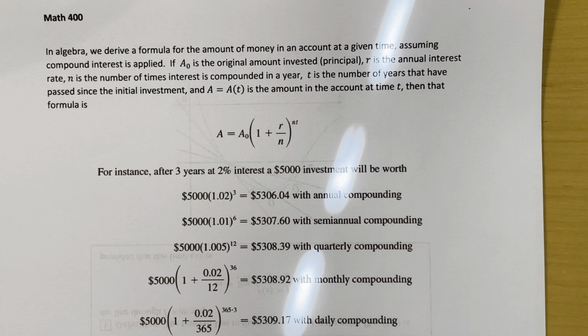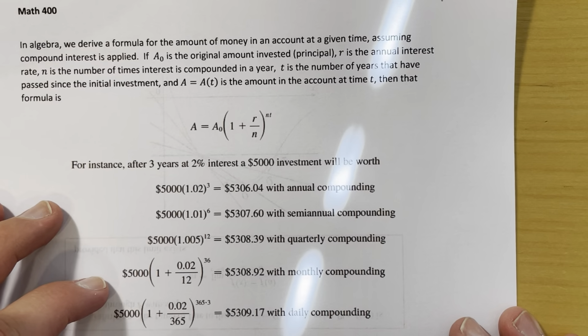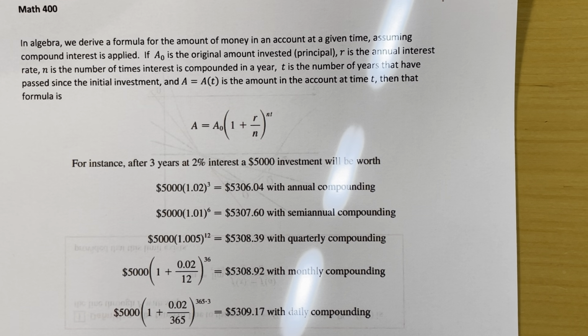In addition to that, the way interest is compounded is we have a rate, an interest rate, which is given as a decimal, but you tend to think of it as a percent. And there is a frequency with which interest is compounded over the course of a year. So that interest rate is an annual interest rate.